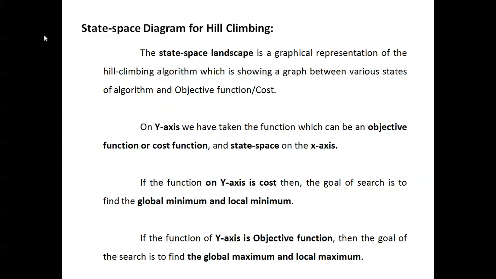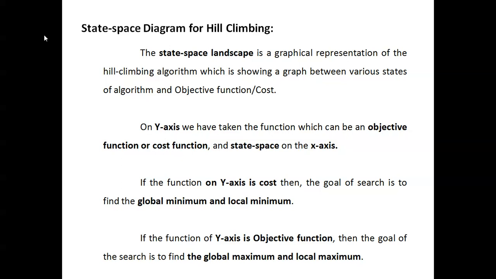Now the state space diagram for the hill climbing algorithm. The state space diagram has x and y axes. I already said it's a graph method. On the x-axis they mention the state space, and on the y-axis the objective function.